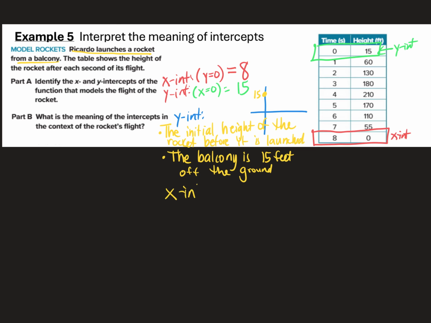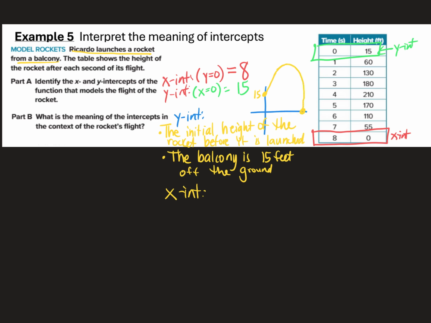For the x-intercept, I'm going to add to my picture up here. So as the rocket is flying through the air, Ricardo is recording, and I'm not making it go up steep enough, hold on. So as he's launching it through the air, he's recording the height. And then it comes back and goes down.